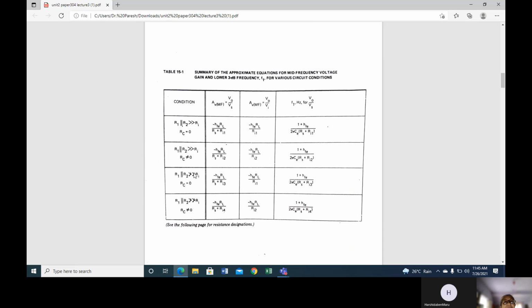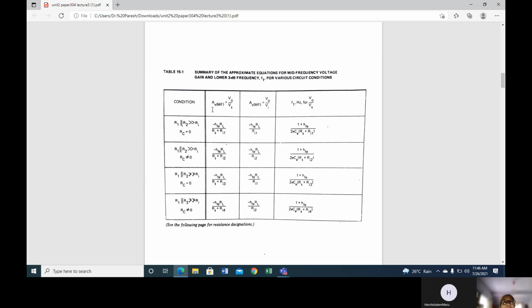The next condition is R1 parallel to R2 is not very much greater than Ri, but RC is equal to 0. And the fourth condition is R1 parallel to R2 is not very much greater than Ri, as well as RC is not equal to 0. So here we are not talking about lower frequency gain, we are talking about the mid frequency gain.